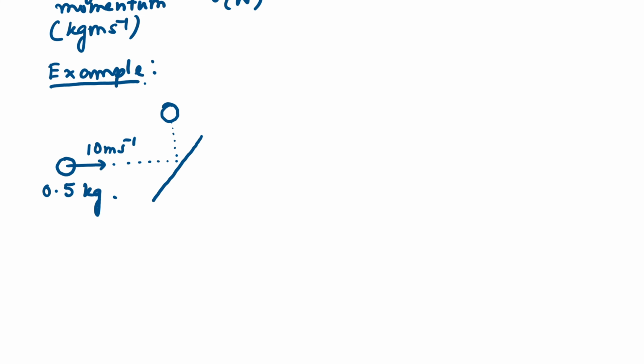So the mass, it's the same ball, it's still 0.5 kg, but now its velocity has changed both in magnitude, it's now 8 meters per second, and as you can see from the diagram, its direction has changed as well. So overall, the velocity has changed.